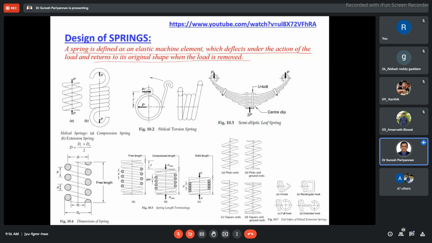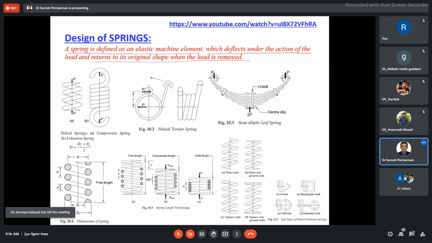Another application is that springs are used for storing energy, for example in clocks, toys, moving elements, and circuit breakers. These are the examples. And springs can be used to measure weight. In weighing balances, people are using springs.